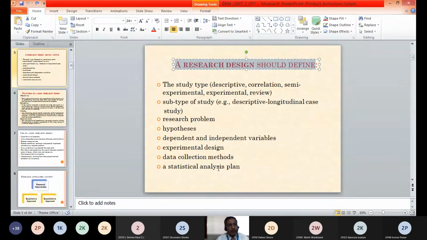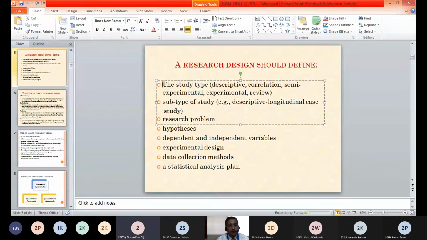Whatever the study may be, maybe a study in social science or any other study in chemistry or biology, any research should have a particular research design. That research design means it is a framework or a plan. And what should that plan include?